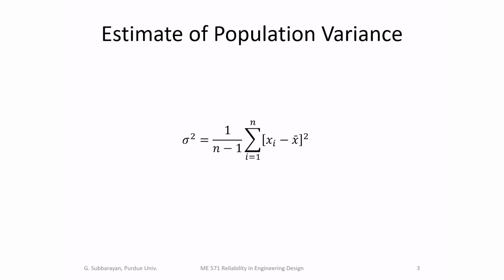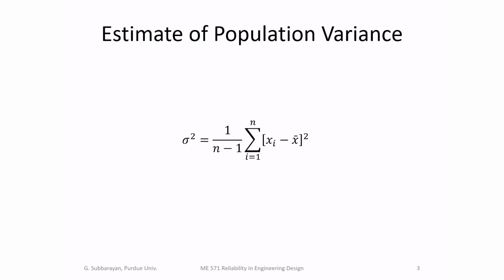What we are trying to do is estimate the population mean and population standard deviation. In the previous slide, we saw that the expected value of the sample mean would be equal to the population mean, and the variance of the sample mean was equal to sigma squared, the population variance, divided by n.